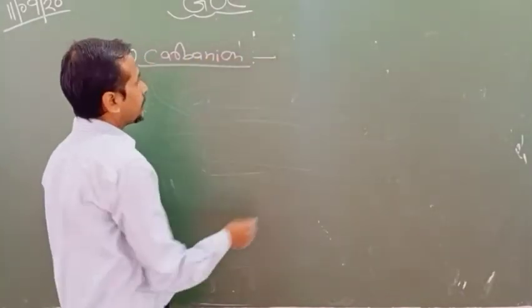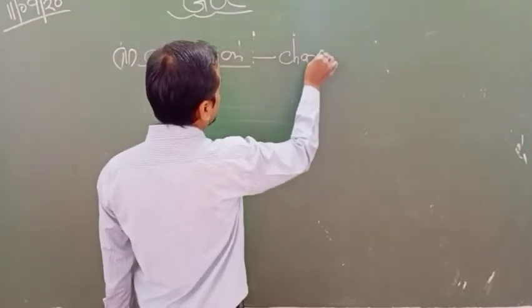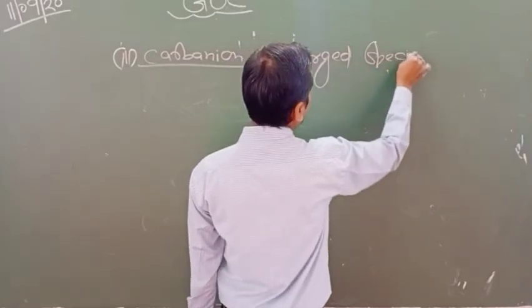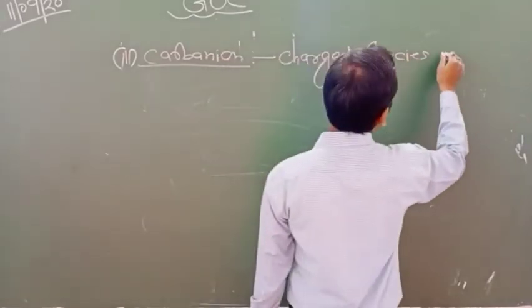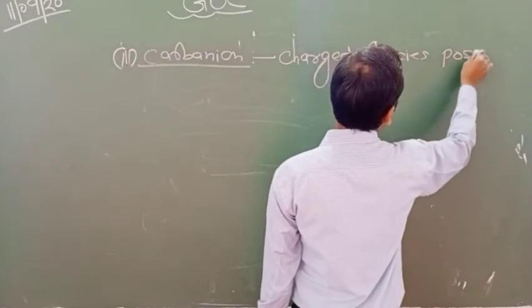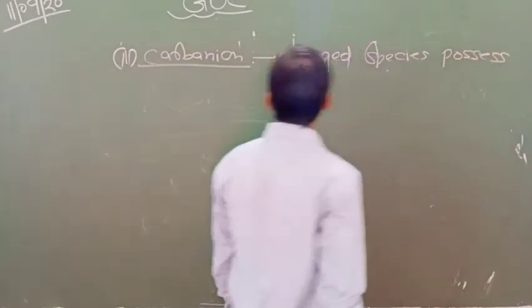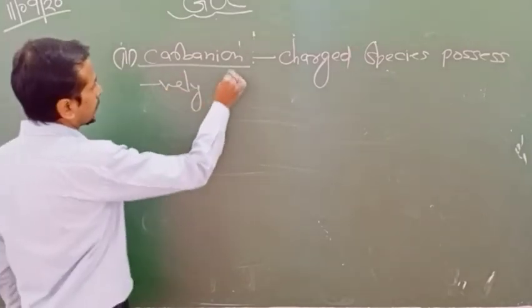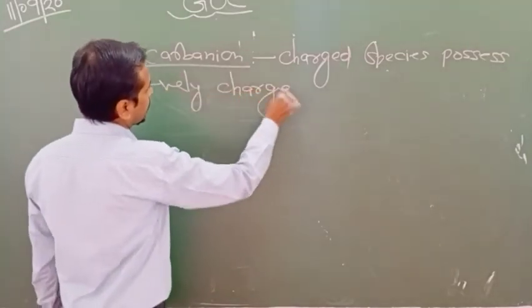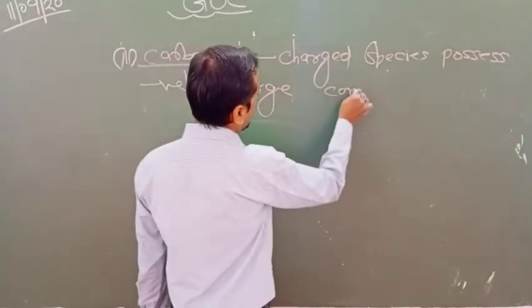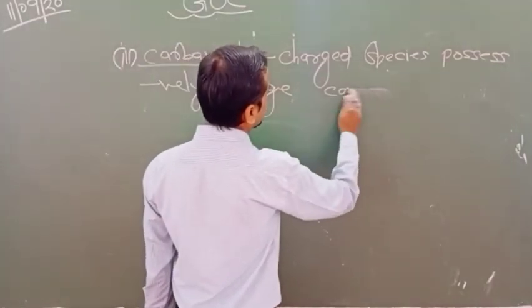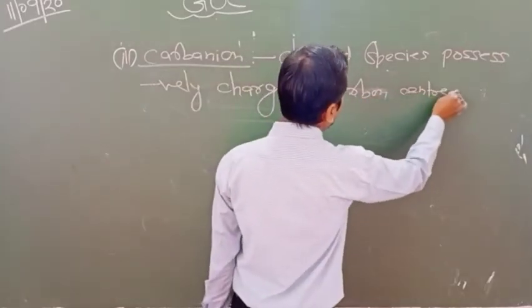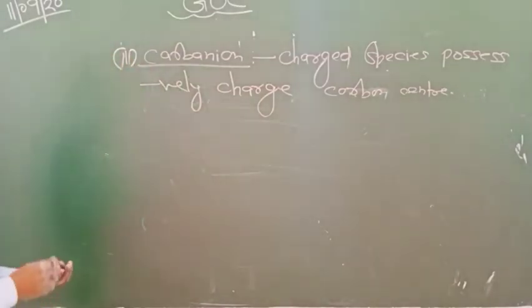This may be defined as a charged chemical species, basically a species having a negatively charged carbon center, known as a carbanion.